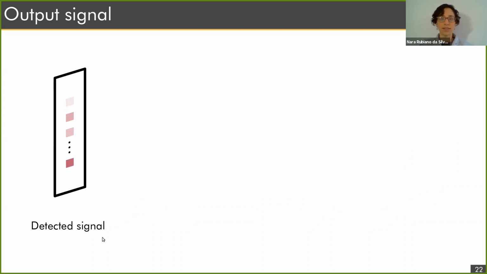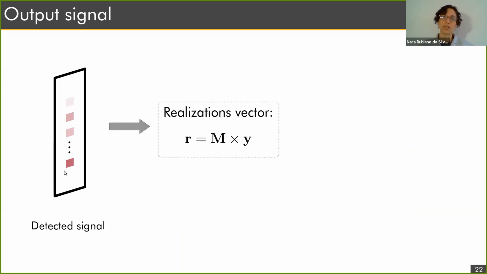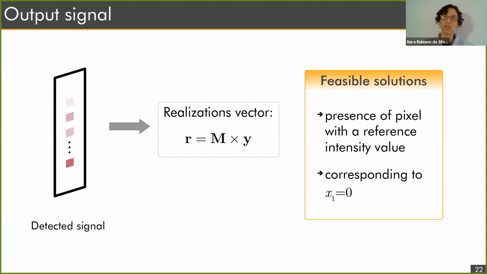And the detected signal has then cells representing each element of the realizations vector of the paradoxical DGP1 instance corresponding to the binary matrix and the distances vector that were programmed in the SLMs, right? To check the feasibility of each of these possible realizations, we check simply the intensity of the pixels.